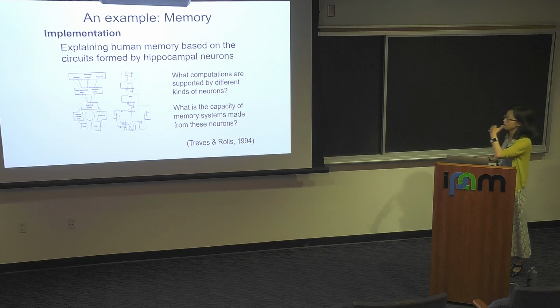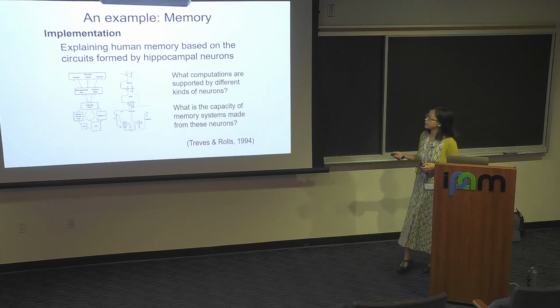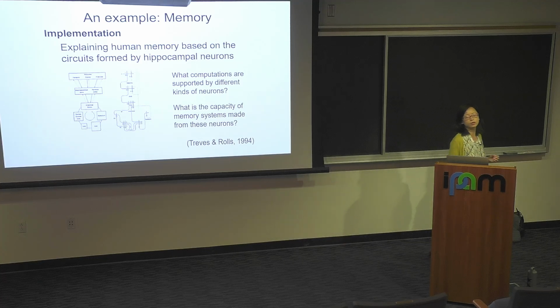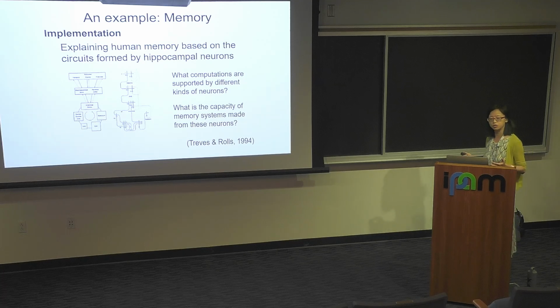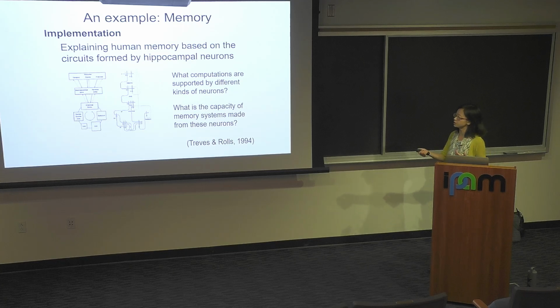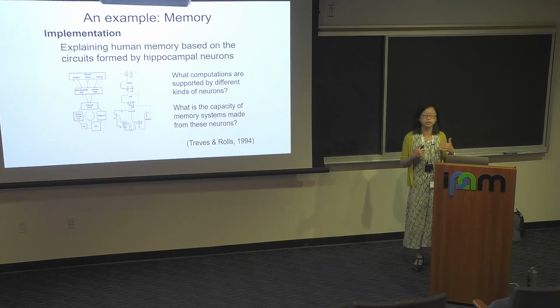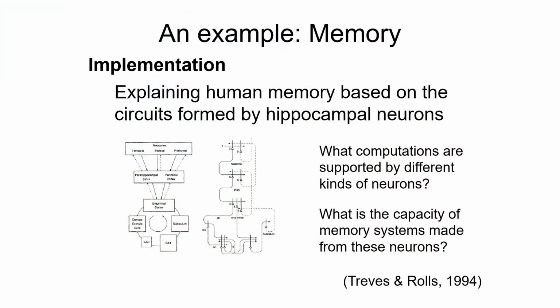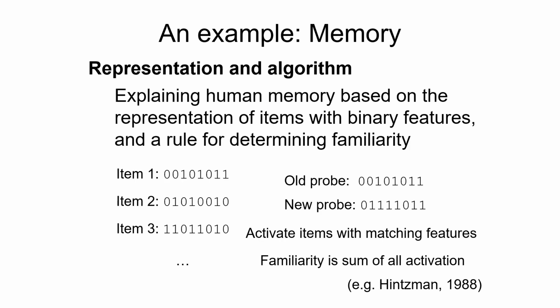So I just gave you a quick example. For example, this is a memory model, developed by researchers to try to explain the human memory system based upon our neuroscience knowledge about hippocampus neurons. You can build up this system to mimic the different types of neurons in the hippocampus, and then you can test the capacity of the memory system made from these neurons. You can also build up the model based upon assumptions about the representation and the algorithm.